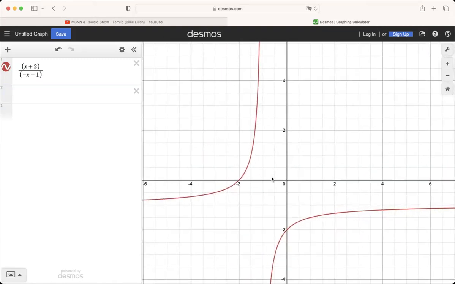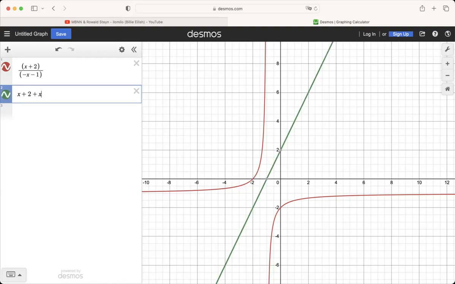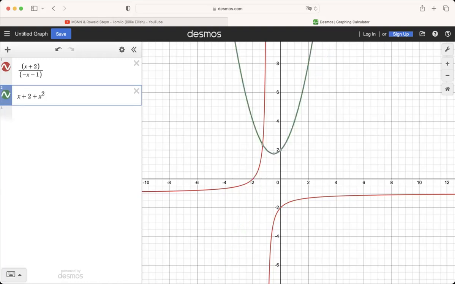This is your rational function that you see, and then let us copy down the terms of the series: x plus 2 plus x squared plus 2x plus 4 plus x cubed plus 6 times x squared.